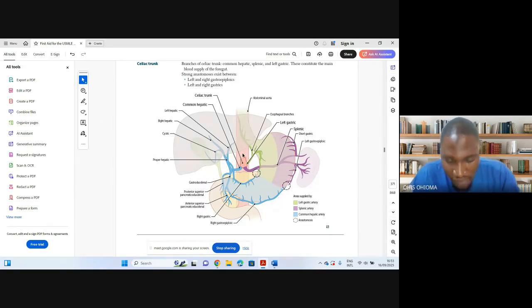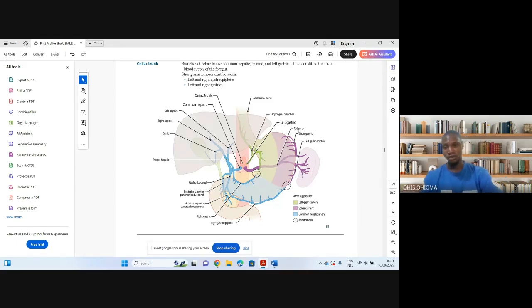So if a patient has hypotension, it means the fundus of the stomach would be the first part of the stomach to experience significant ischemia because the blood vessels do not go there significantly. Right.